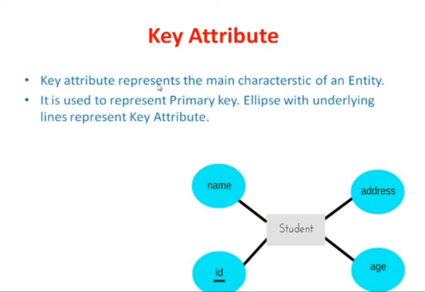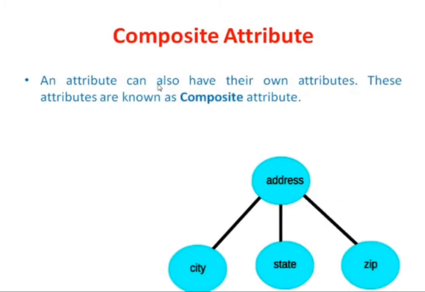In turn, address can have its own characteristics like city, state, zip, or street. So it can have its own attributes, and this form of attribute is called a composite attribute.